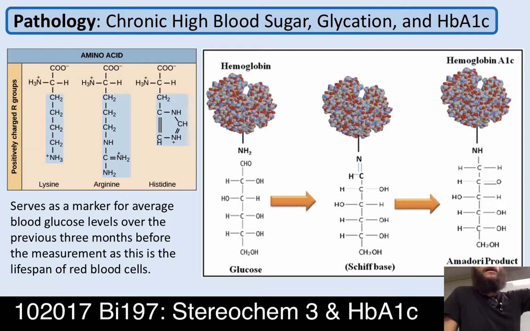Are there other classifications? Yeah, so A1C is a description of hemoglobin that, as I said, the label describes how it was isolated.